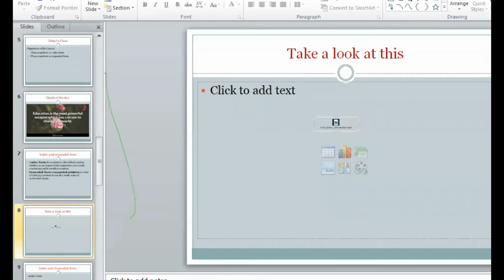So 5 squared is 25. Now let's say we had 5 with a 3 on it. That means 5 cubed, which is 5 times 5 times 5. 5 times 5 is 25, but then times that answer, 25 times 5 is 125.